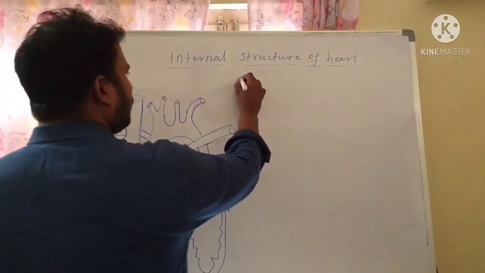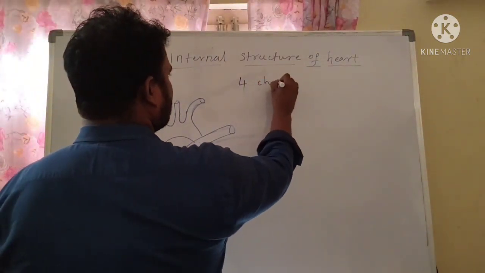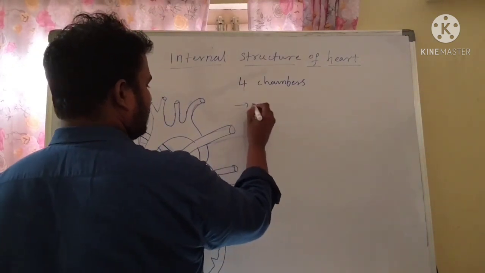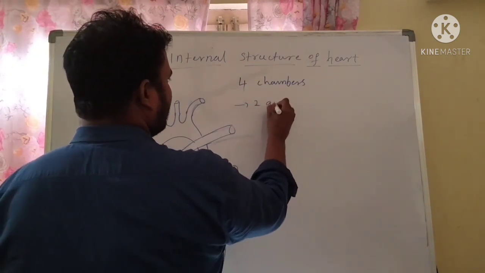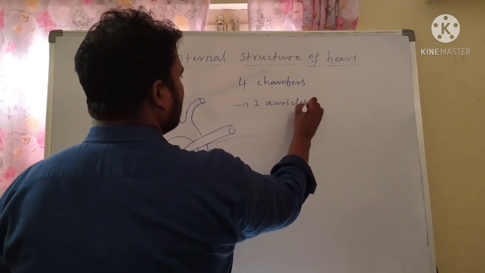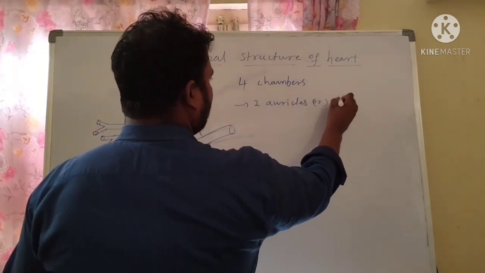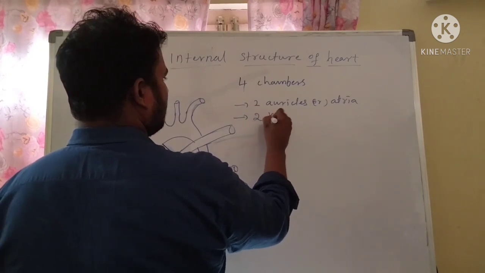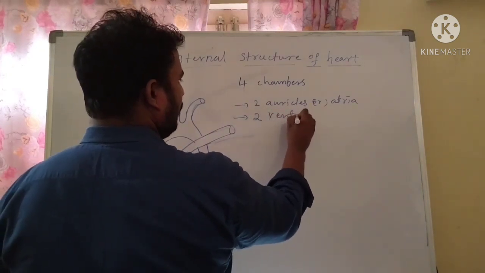There are four chambers present inside the human heart, such as two auricles or atria and two ventricles.